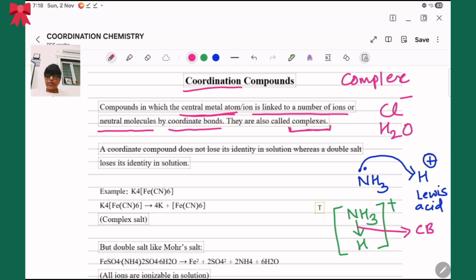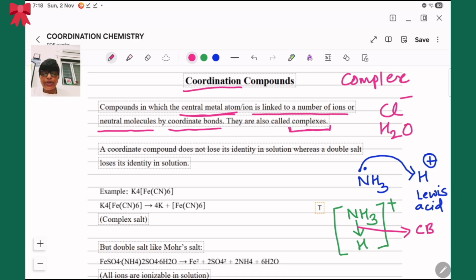So in a coordination compound, the central metal atom or ion is attached to a number of ions. In class 12th, in the NCERT textbook, you will find negatively charged ions used, and neutral molecules are also there, connected through coordinate bonds.